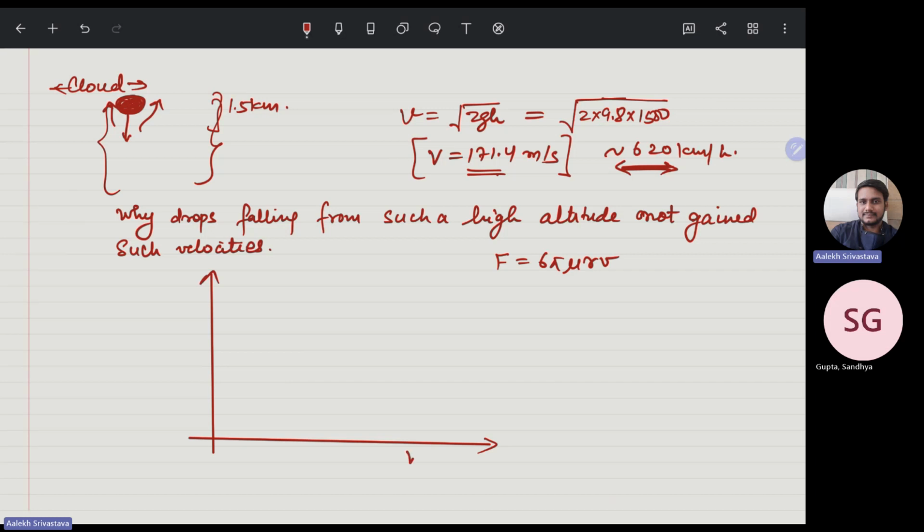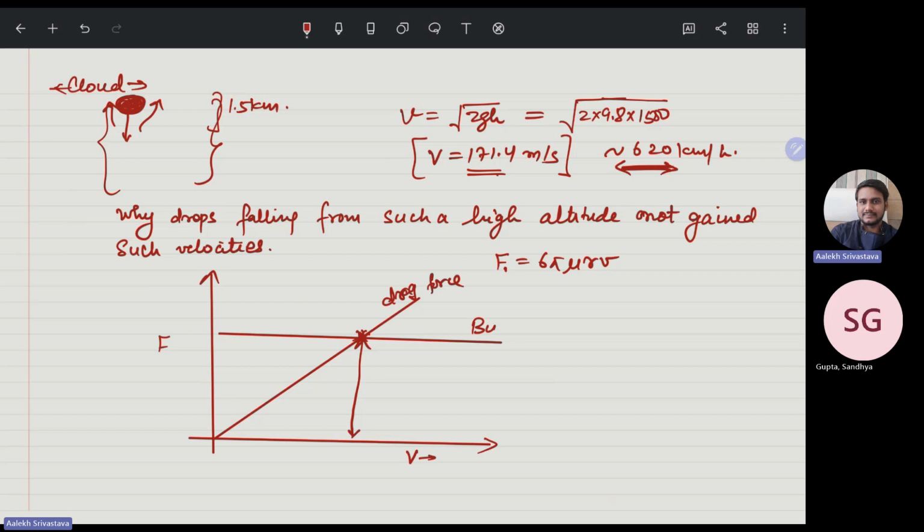So if I plot velocity versus forces, you will get the drag force like this, and the buoyancy force is a constant value, some value like this. Because the drag force is increasing in this way, you will get a point where the net buoyancy force, the weight minus buoyancy, is balanced by this viscous drag force.